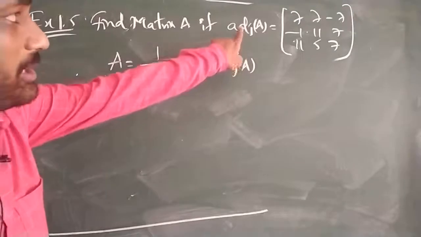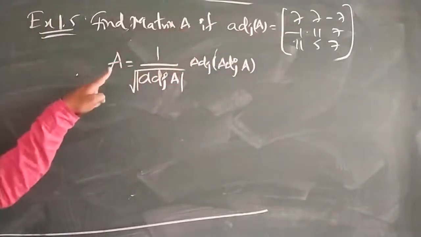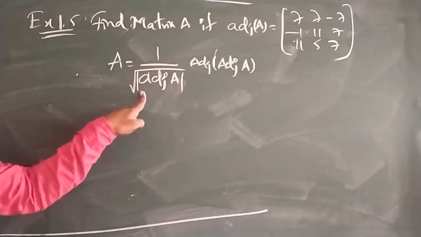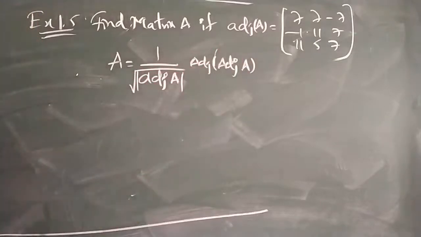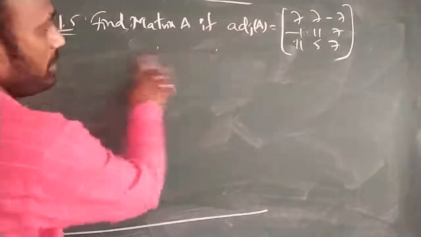Whenever he has given the adjoint matrix and he is asking us to find the A matrix, the formula to be used is A is equals to 1 by root of determinant of adjoint A into adjoint of the adjoint matrix. To do that, let us start first with the determinant, that is, of adjoint A.